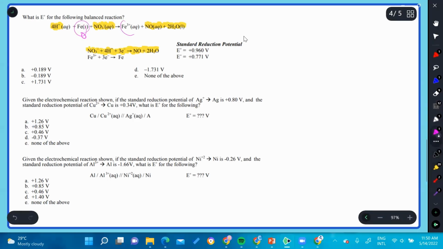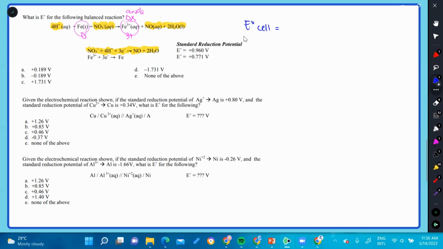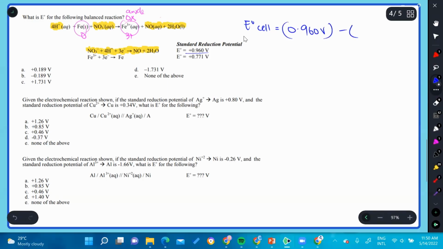and you can easily look at the Fe, that's 0, and it goes to 3 plus, so that means that is oxidized, right? So oxidation is this one, and that means that's the anode. This is reduction, so that represents the cathode. So the E naught of this cell, hope you remember the formula, is equal to the cathode value, which would be this one, 0.960 volts, minus the anode value, which is this here, positive 0.771 volts.